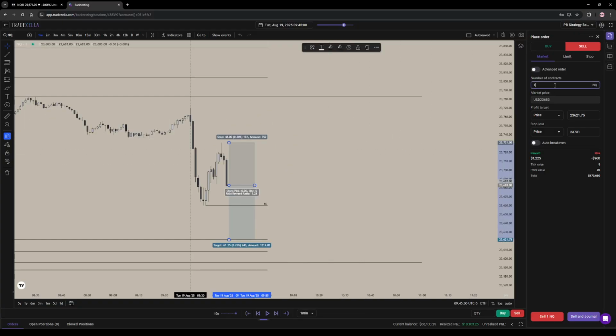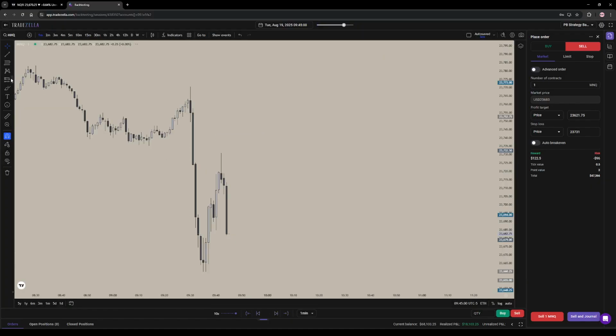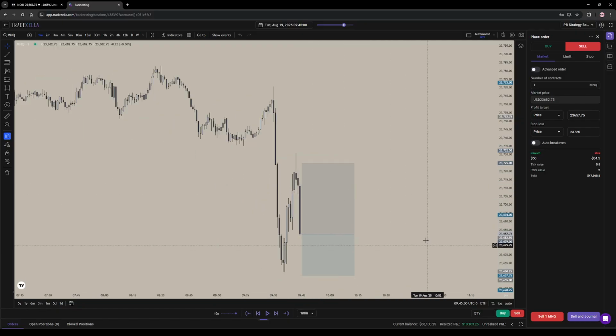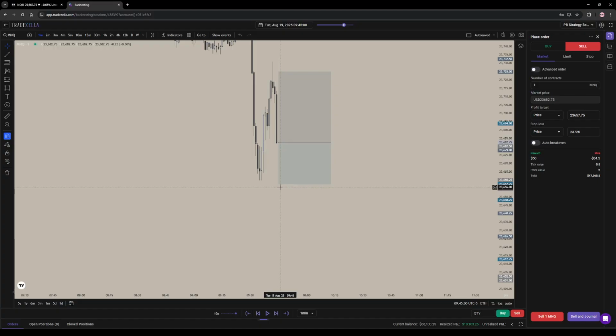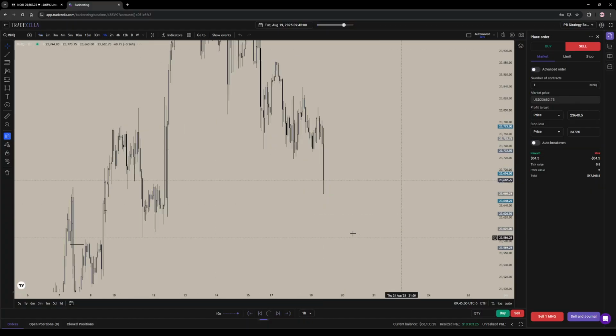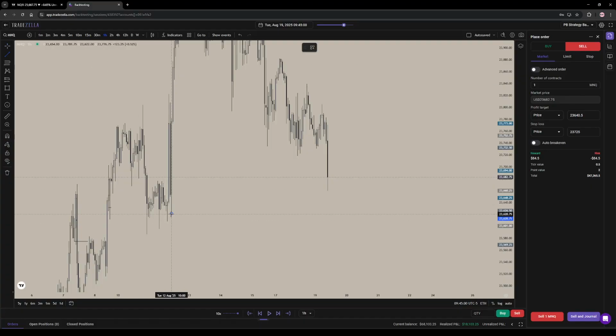So let's see what we do here. What I'm actually going to do is go at the CE of this wick. And then obviously these swing lows lower, and I'm going to target that DOL on the higher time frame, which is this one right here, which I believe will sweep through.